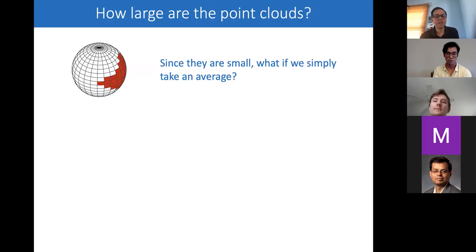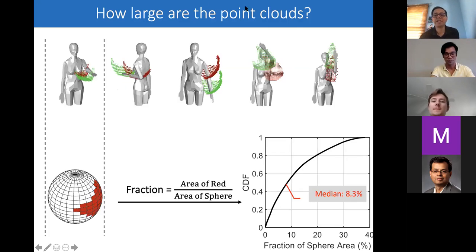Okay. So we were discussing last time, how big is this red point cloud? Because if this red point cloud is big, then the error is large. That means the motion model is not buying you too much. If the red point cloud is small, then the motion model is buying you a lot. And we saw that measurements tell us that on average, the red point cloud is less than 10% of the surface of the sphere on which the elbow can lie, right?